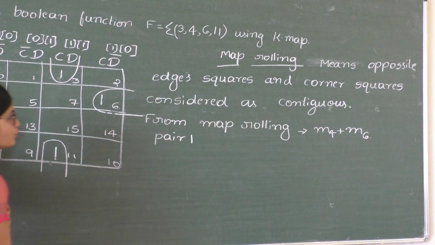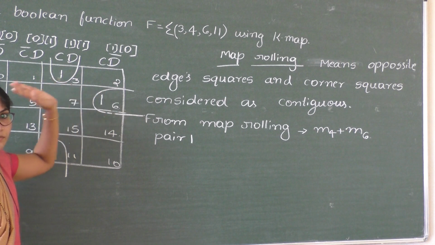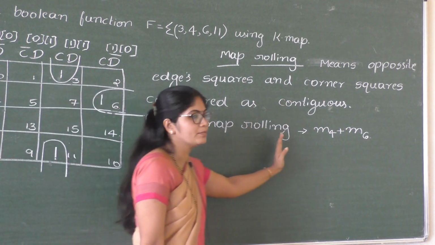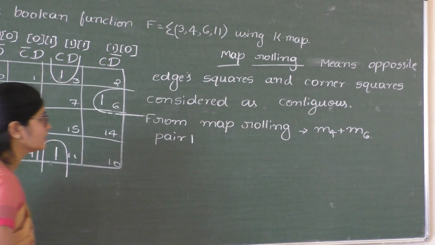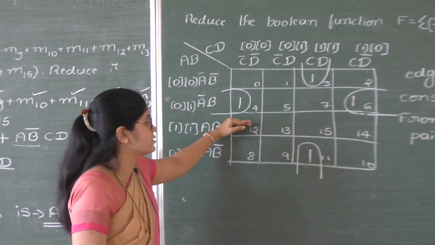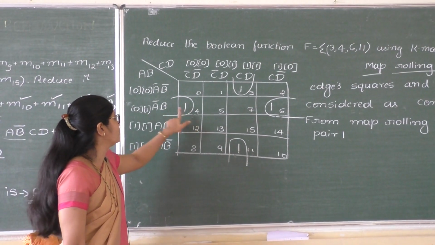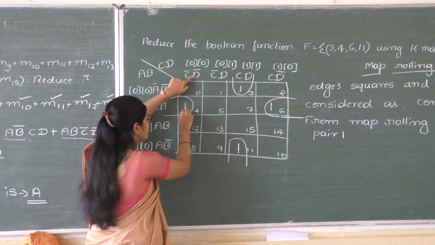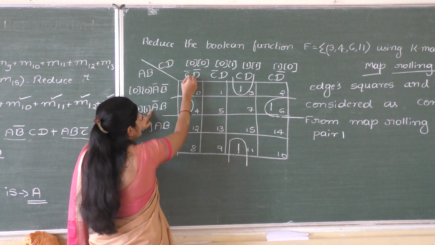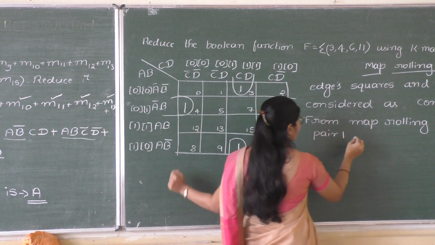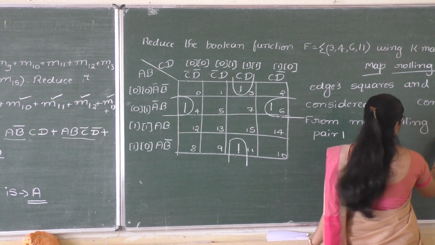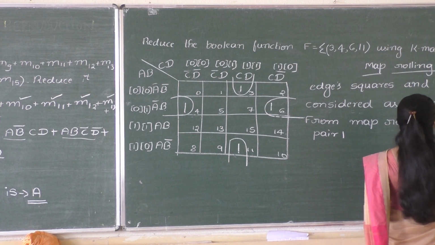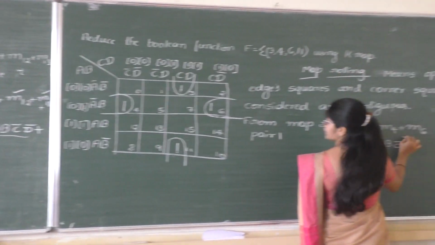Using ones in the fourth box and sixth box, we can form a pair. So, m4 plus m6. Now, we shall write the corresponding min terms in the boxes. m4, min term in the fourth box, that is A bar B, C bar D bar. Min term of the fourth square, A bar B, C bar D bar.